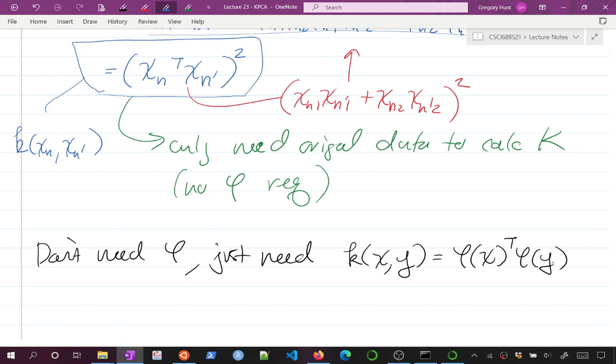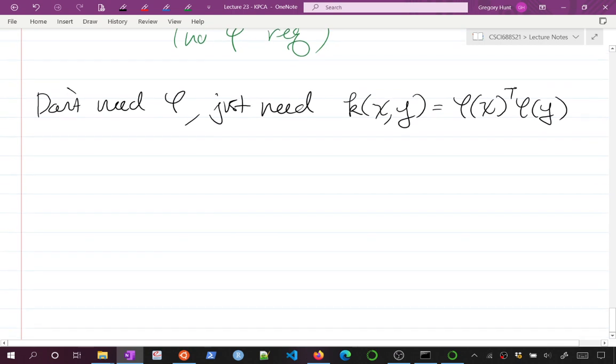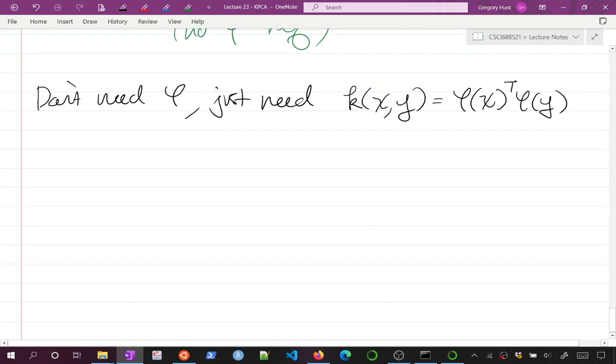We don't actually ever need to work in that larger space. And so I can work with any arbitrary large space, and I'm not going to pay for it computationally. Not really. So in general, this is going to be doable for many embeddings.